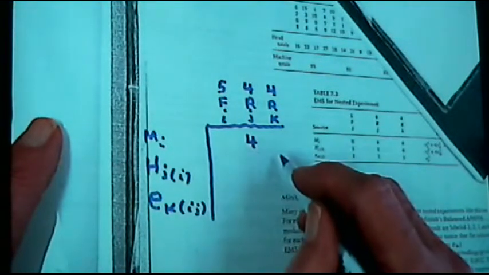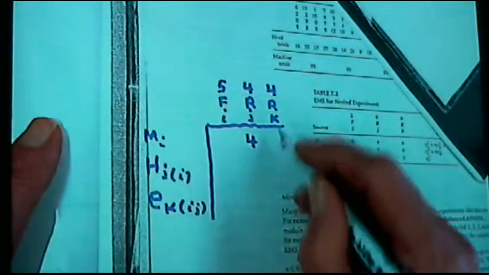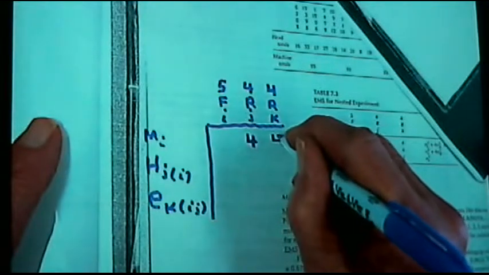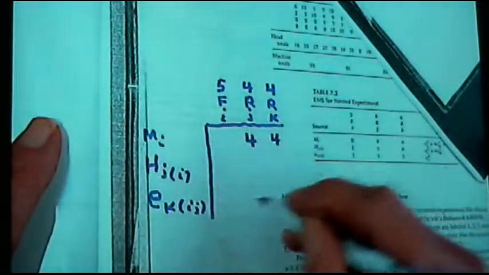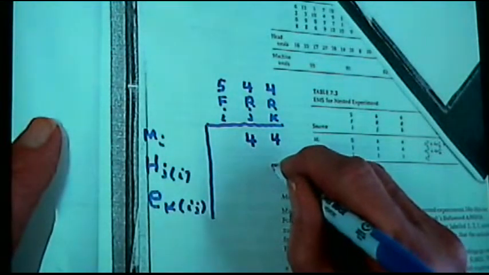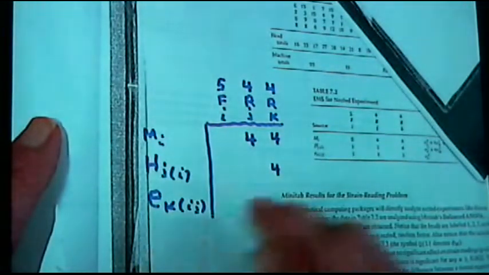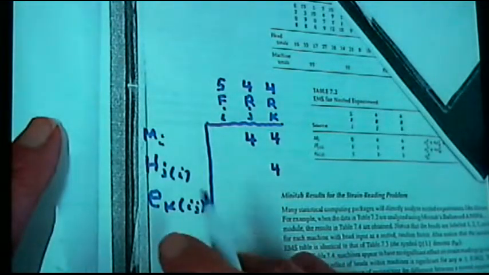Then I come to the third column, the K column, and I've got 4 of those. I'll put a 4 here. That row doesn't have any K in it, so that's okay. I come to the second row, that doesn't have any K in it, so I'll put another 4 there, and then I don't put anything here for the last row because there's a K there. So completing that step, I've got that much done.